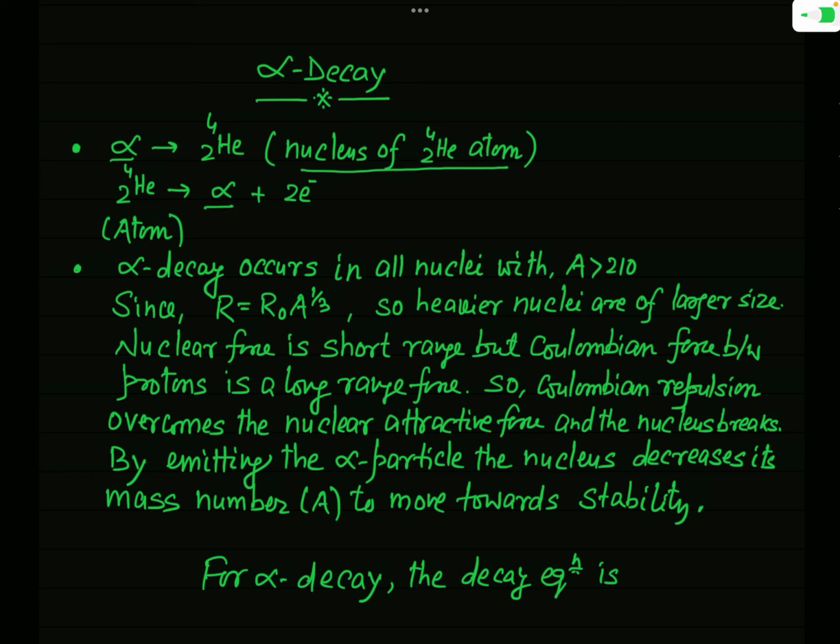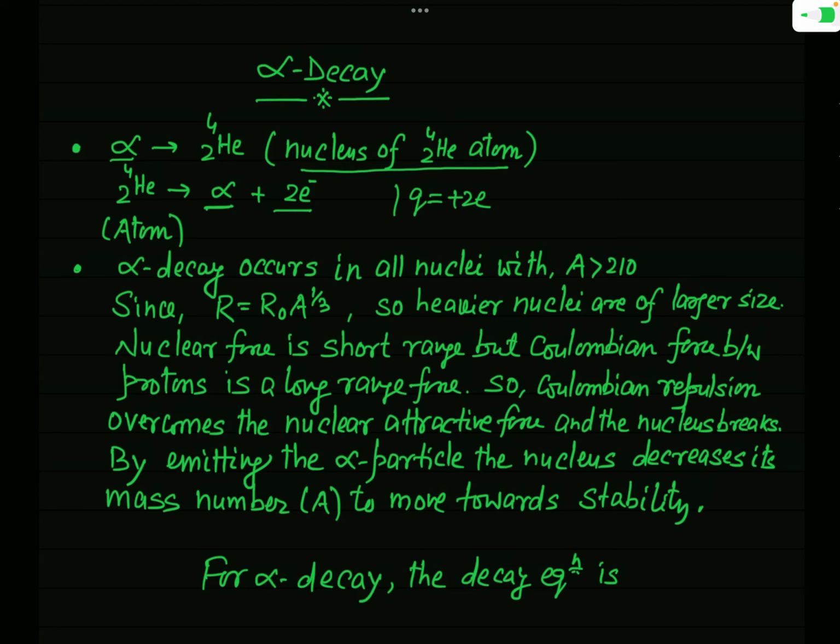After removing these 2 electrons, there remains only the nucleus of He4, and that nucleus of He4 is called an alpha particle. Since in the nucleus of He4 there are 2 protons, the charge of the alpha particle Q is plus 2e, where e is the charge of a proton. This is a very elementary fact, and I hope you know it.